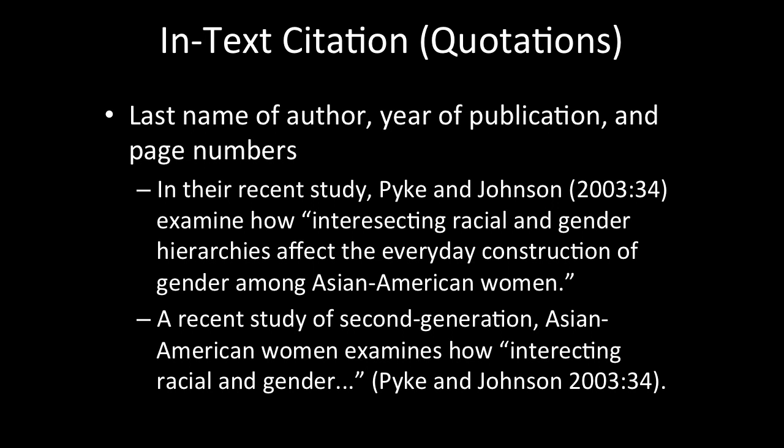If the author's name is not included within the sentence, then the last name, year, and page number should come at the end of the sentence before the period. It's important to note that with ASA style, the page number is never alone in the parentheses. It must always have at least the year of publication, if not the author's name.